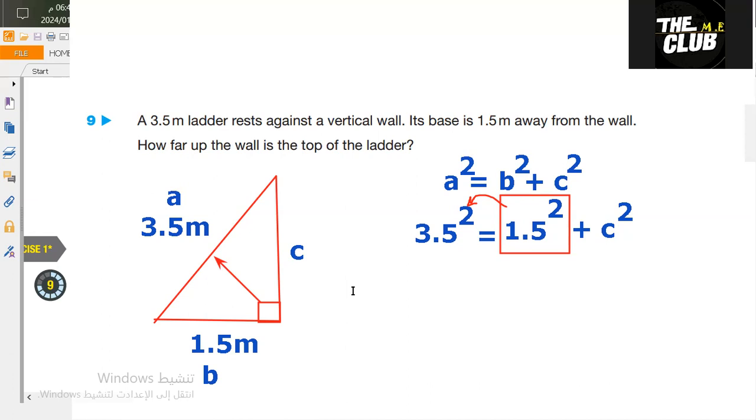So 3.5 squared is 12.25. And then 1.5 squared, we take it to the other side so it becomes negative. In the calculator, 1.5 squared is 2.25. So minus 2.25 equals C squared. Now I do this calculation.